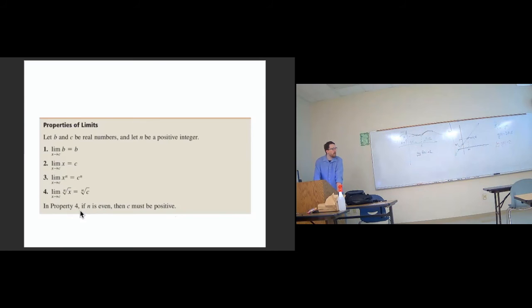Well, I shouldn't say n has to be even. If n is even, c is positive. That's what I mean to say. And that makes sense because we can't have an even root of a negative number.